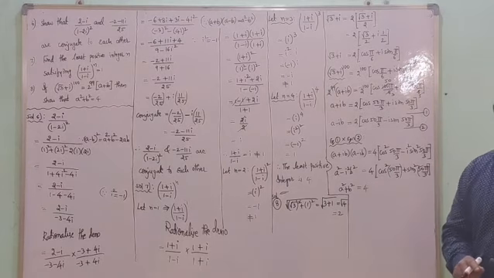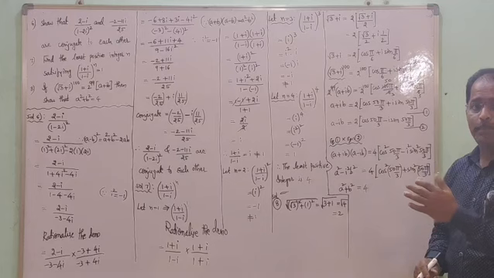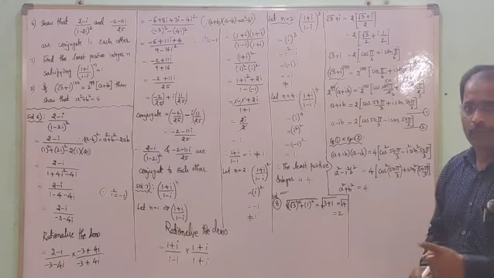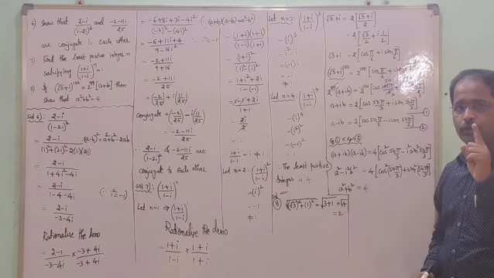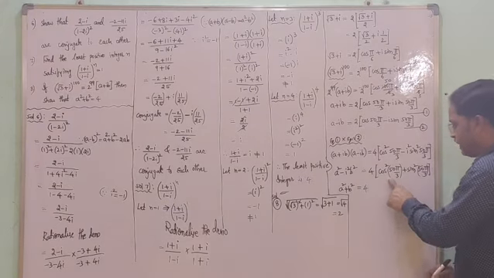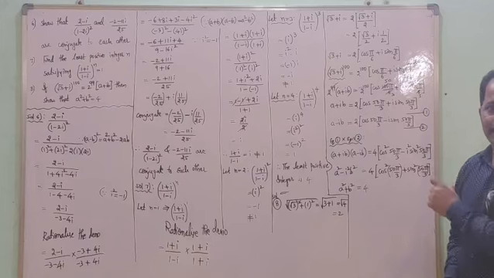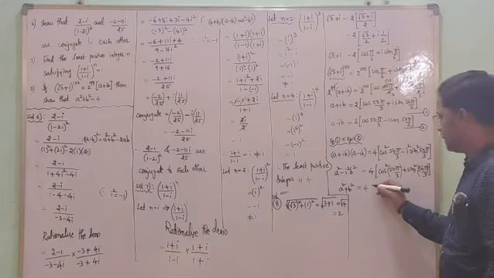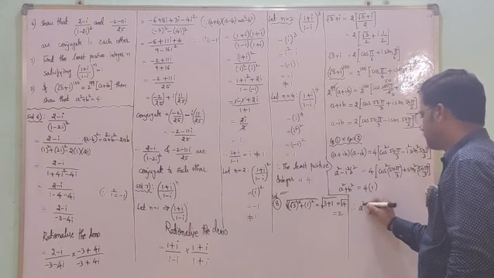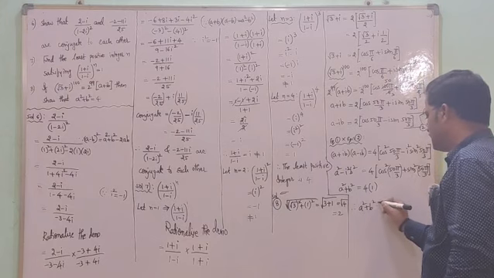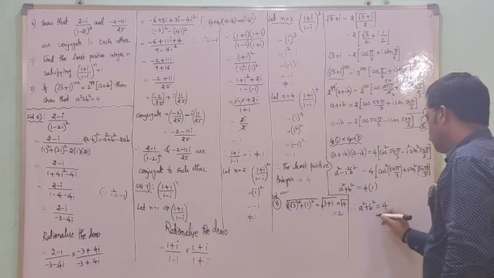We know the identity sin²θ + cos²θ = 1. If we want to use this formula, the angle should be equal. Okay, 50π/3, 50π/3. sin²θ + cos²θ = 1. So therefore a² + b² equals 4.